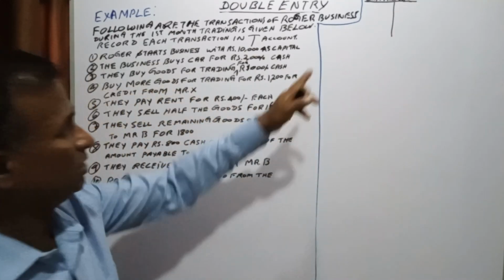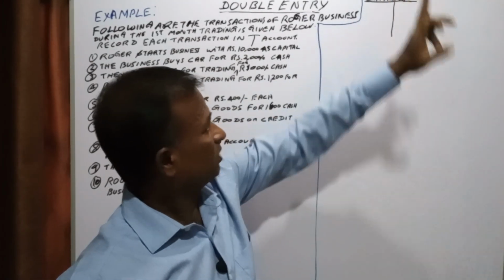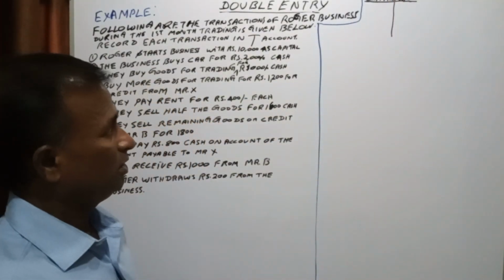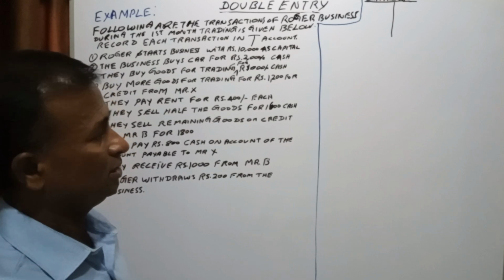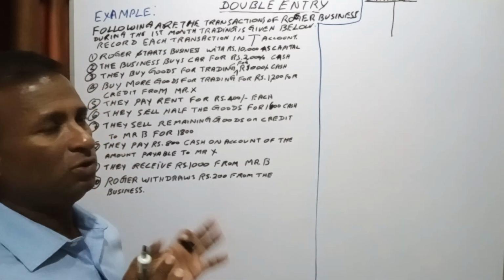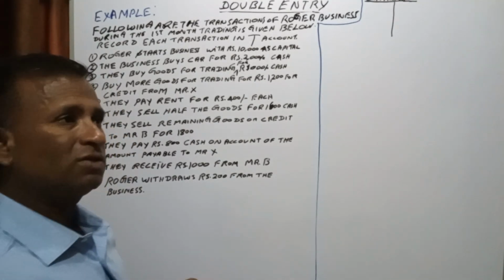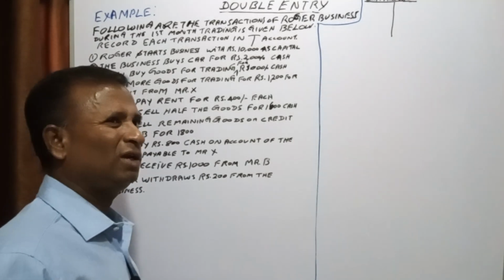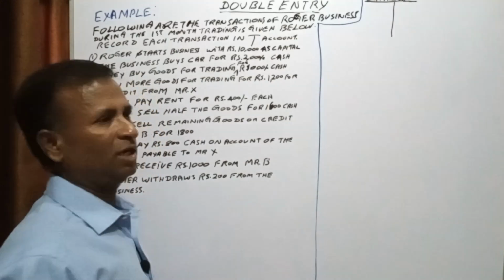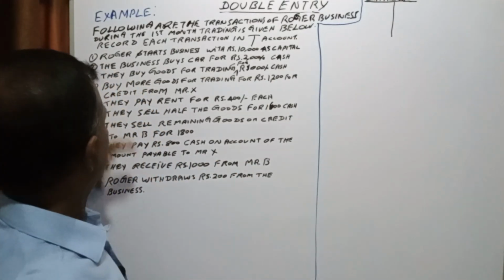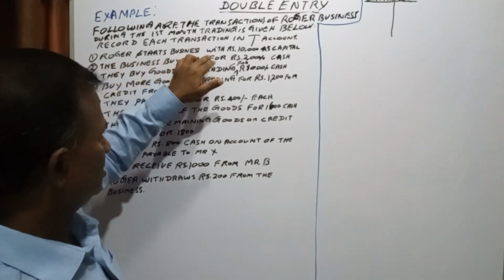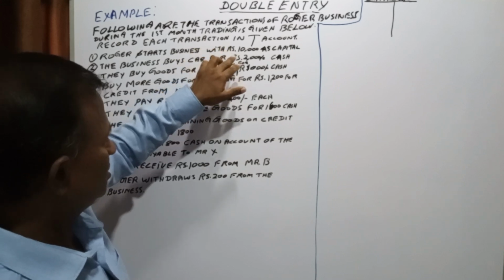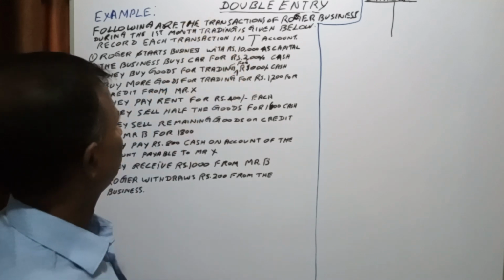Okay, this is the T account. I have put capital account. Now, there are two accounts, two effects. Two accounts are going to get affected by this transaction. Roger starts business with rupees 10,000 as capital.